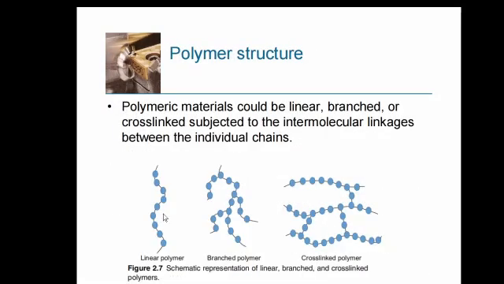And sometimes the polymer can be branched, which means it has some side chains. There's a main chain or backbone of the polymer. Then on each side you have these side chains.